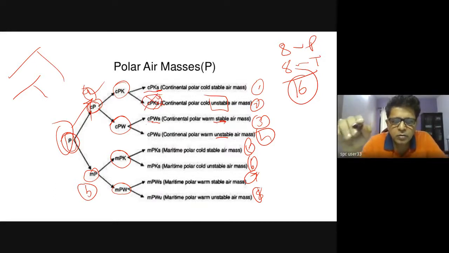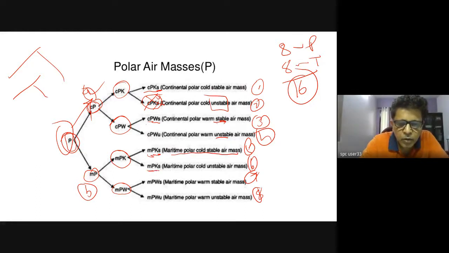So if you go logically, another reason to identify this is that if you go logically, you will not make a mistake. Then this is maritime polar cold stable. Maritime polar cold, this again has to be U. This is unstable, so this is again wrong. So these two changes have to be brought about.